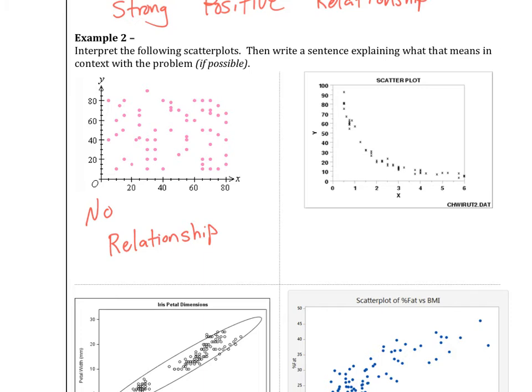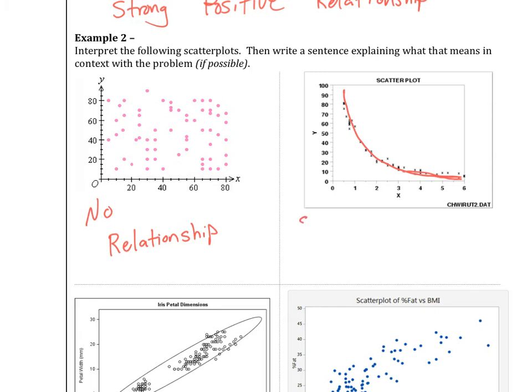The second one, if you notice, these X's or these dots in the scatter plot kind of form a pattern there. So as we go, the Y comes down as the X goes over to the right. So as the X gets bigger, as it goes to the right, the Y value gets smaller. So this would be negative. And notice how close together those dots are.